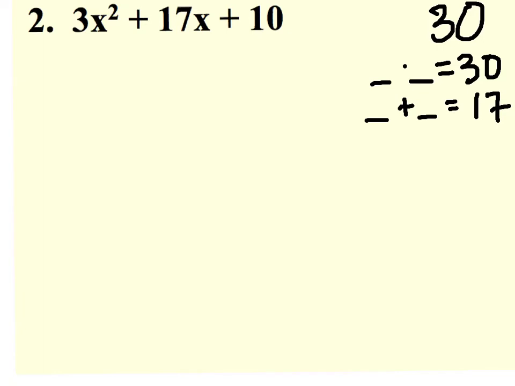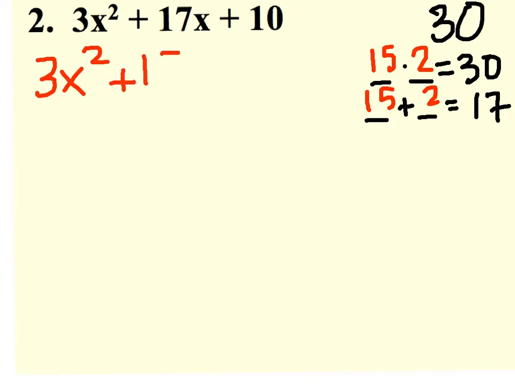When I think of what those factors might be, I'm thinking that my factors are 15 times 2, because 15 times 2 is 30, and 15 plus 2 is 17. So I'm going to rewrite my trinomial as a polynomial: 3x squared plus 15x plus 2x plus 10.